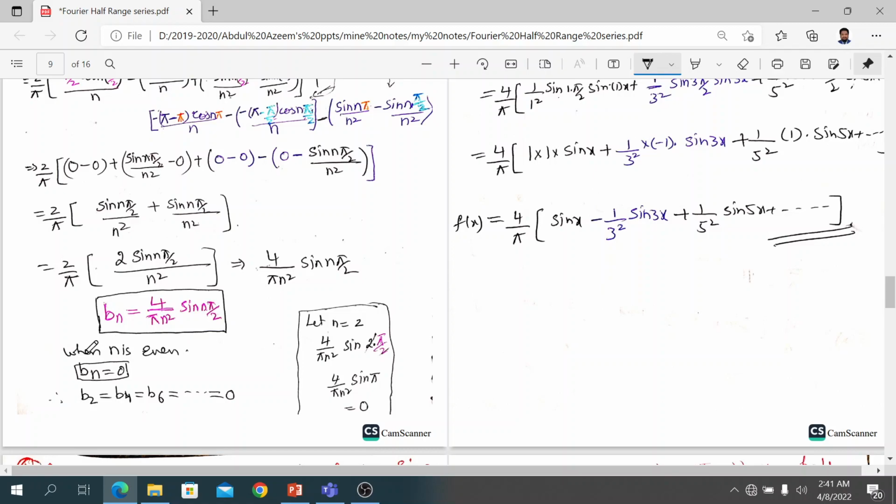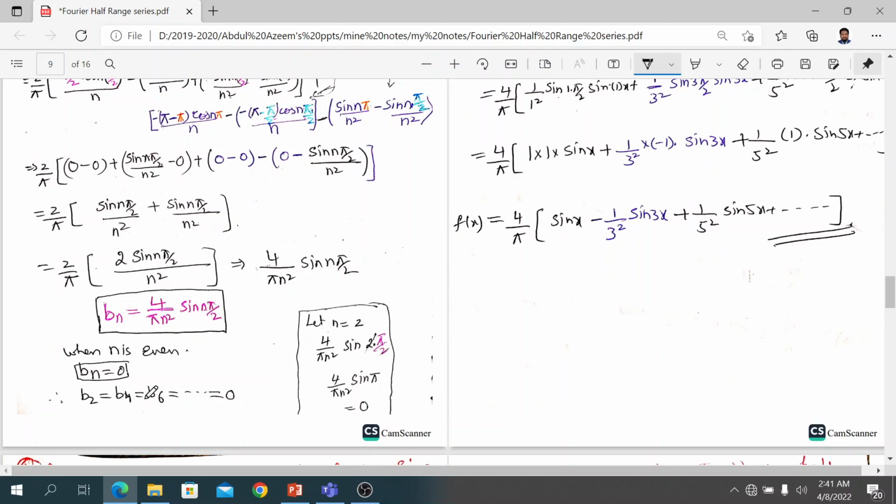Now here the bn value is 4 by pi n square sin n pi by 2. Now see here, if n is even, sin of a multiple of pi is 0, so bn will be 0.